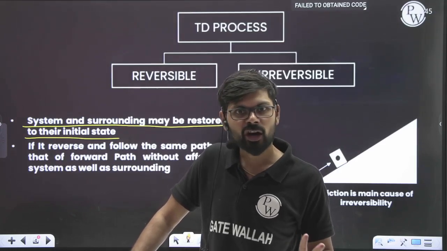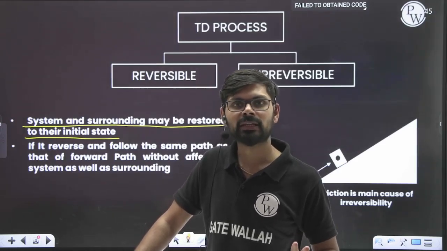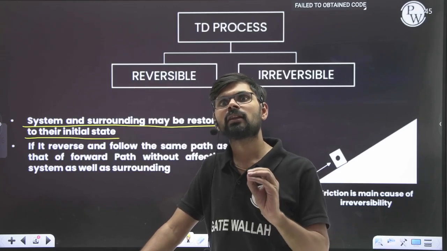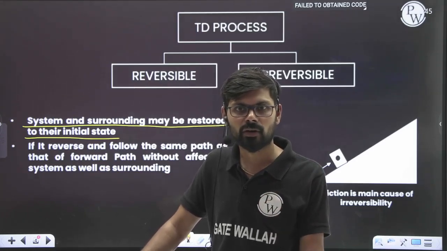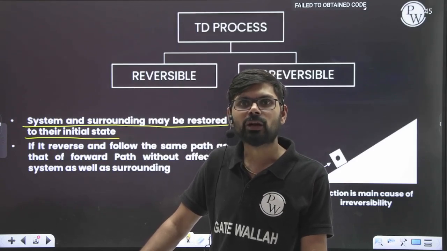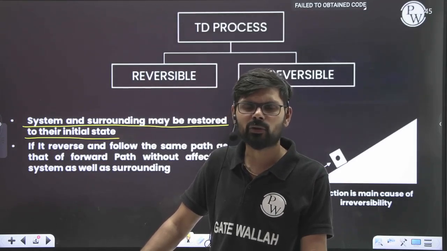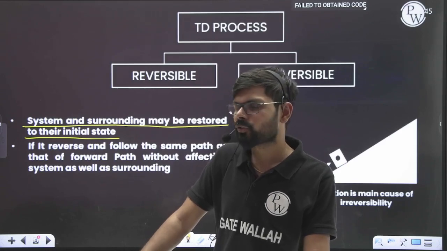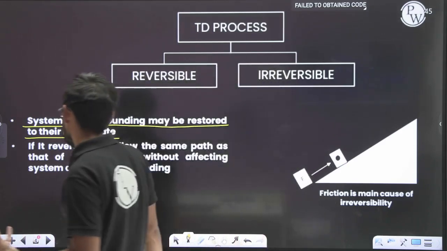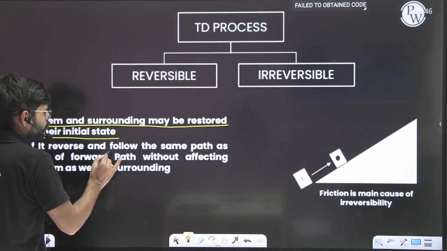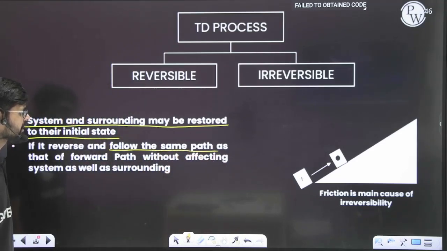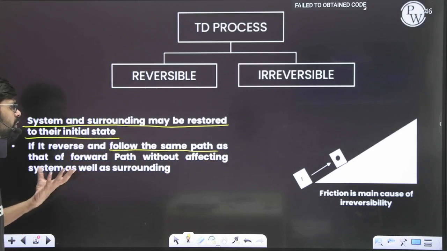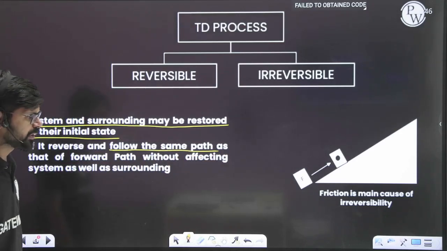Because if it does not follow the same path, and a different path is taken, then definitely the system will change, because if the intermediate points are different, then something may happen to the system as well as the surrounding. So the first very important condition is that if it is reversed, it follows the same path as the forward path. That is the first condition. And obviously another one is that it happens without affecting the system as well as the surrounding.